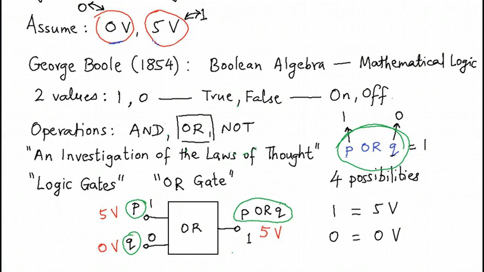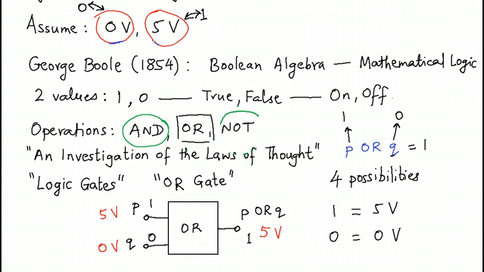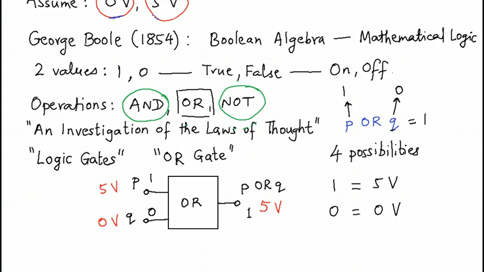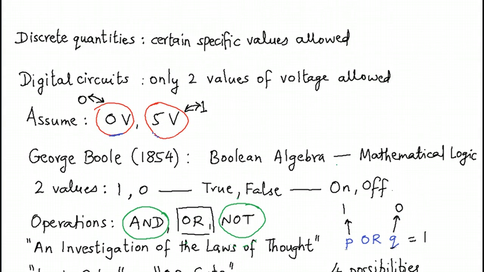But that's not the end of the story, because for every other Boolean operation too, like AND, NOT, and so on, you can build a corresponding electronic circuit. And this tells us that there is a one-to-one correspondence between Boolean expressions contained in Boolean algebra and digital circuits.